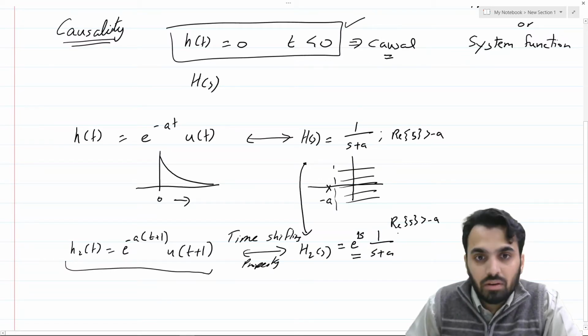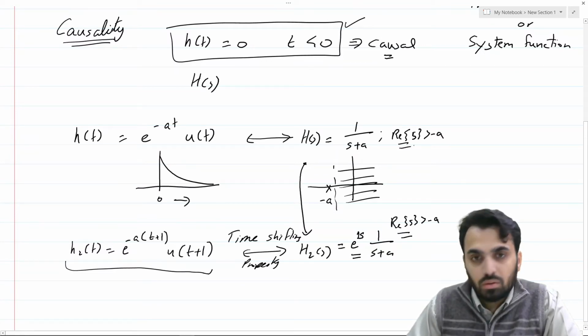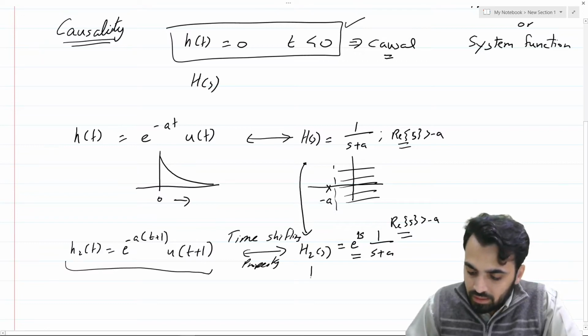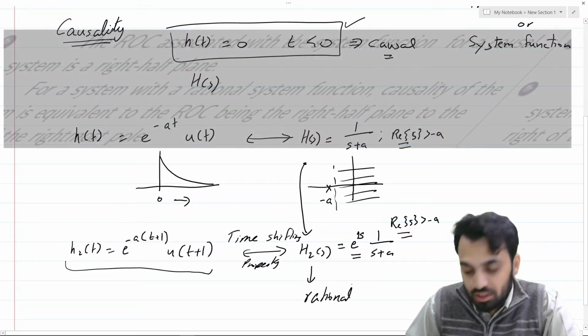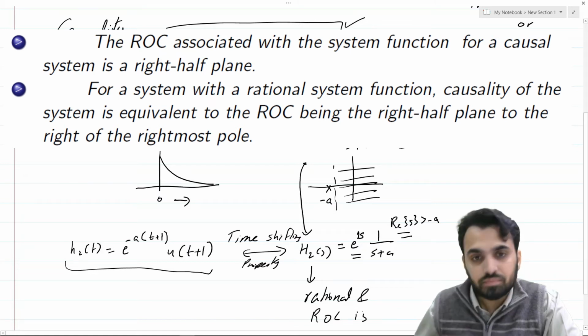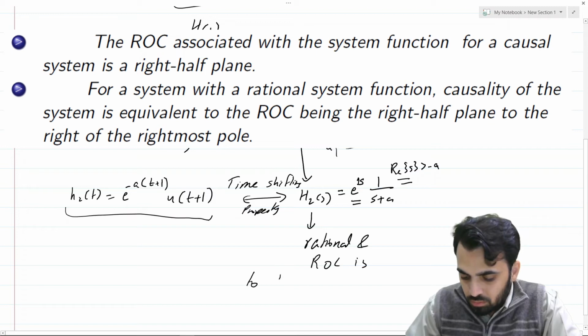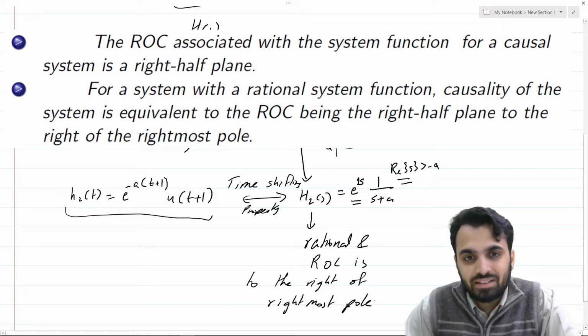But again, this is right-sided. This was also right-sided. So the second definition says that this has to be rational. If it is rational and ROC is to the right of the rightmost pole, only then it is causal.